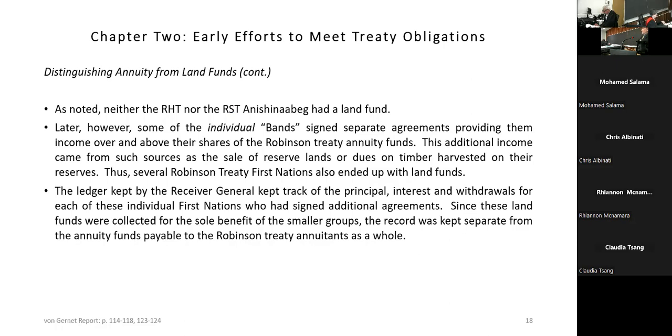Yes. Over time, there were individual bands belonging to the Robinson-Huron Treaty or Robinson-Superior Treaty who, in addition to their annuity funds, much like other First Nations, also had land funds.